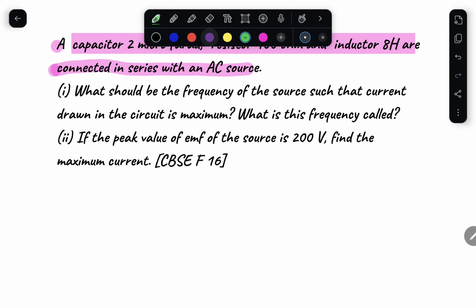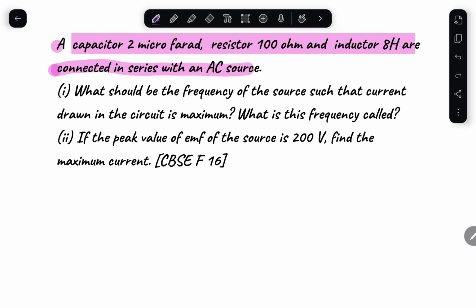Now in this question there are two sub questions. The first part is: what should be the frequency of the source such that the current drawn in the circuit is maximum, and what is this frequency called?